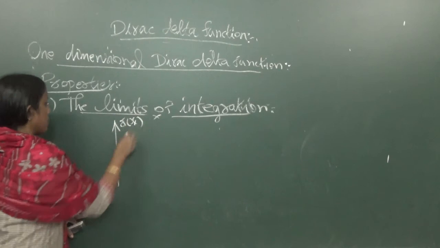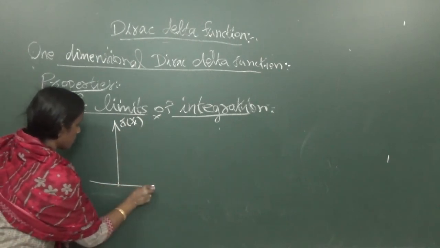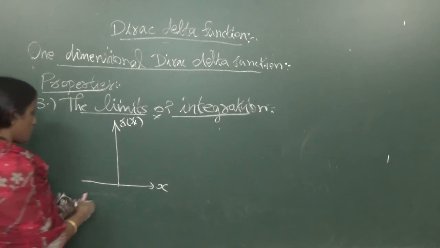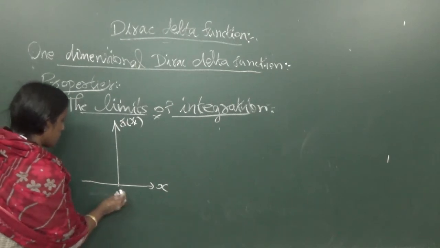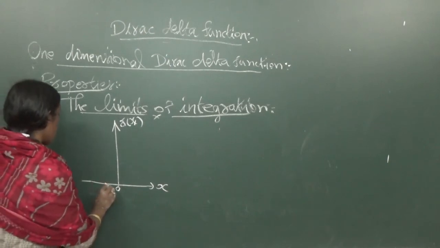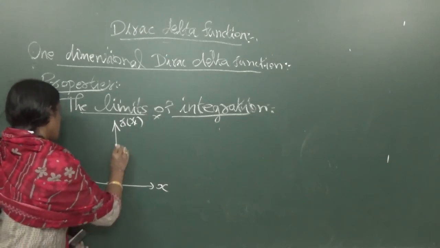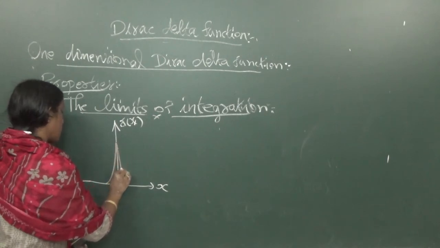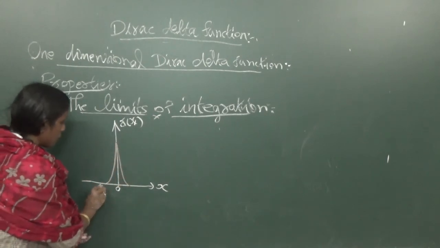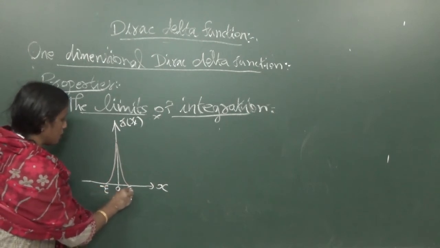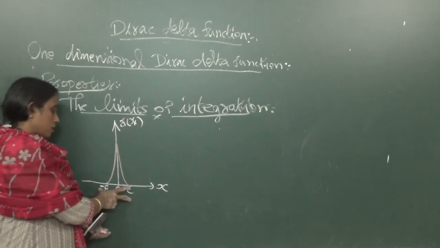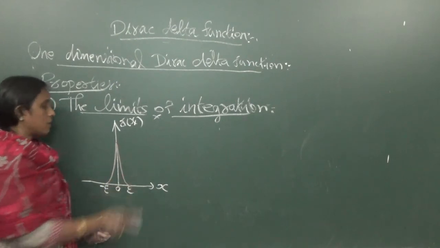This is del of x, and this is x, and now this is x equal to 0 here, origin. Okay. Now this is the Dirac delta function like this, and this point is minus epsilon and this is epsilon. Okay, just showing the width of this Dirac delta function.